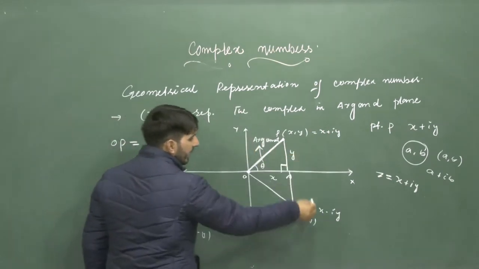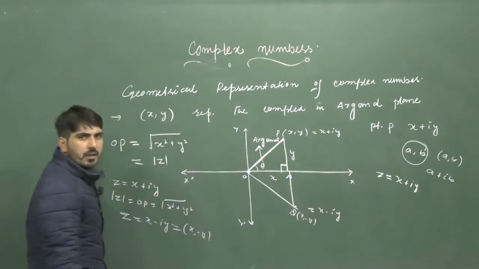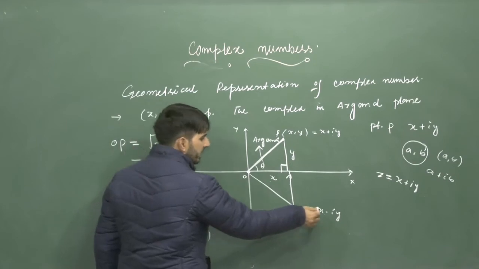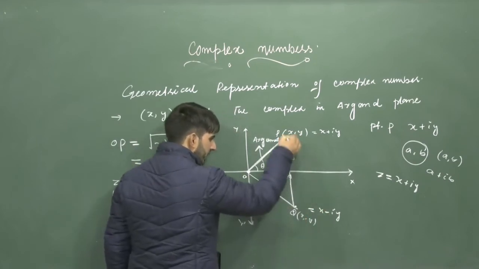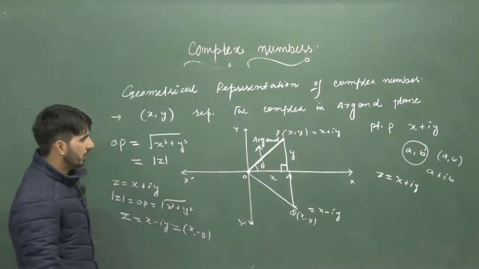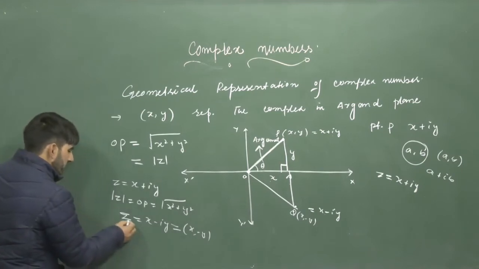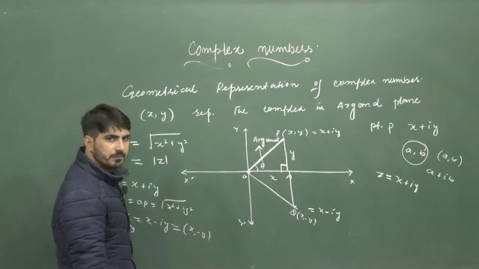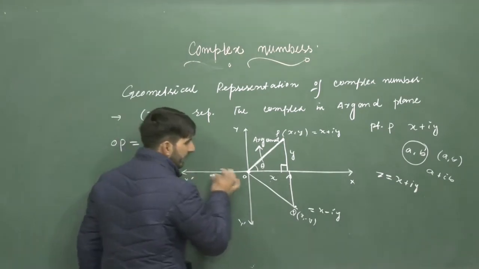The conjugate x minus iy is the conjugate of the complex number x plus iy. Thus, z bar is the mirror image of this complex number along the x-axis.